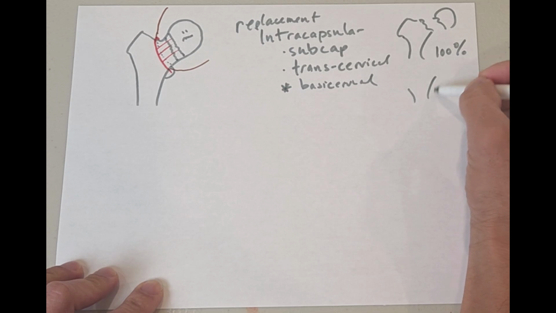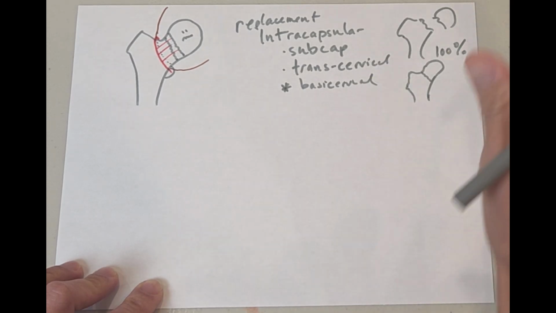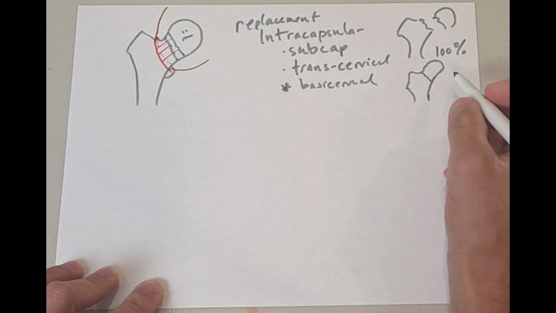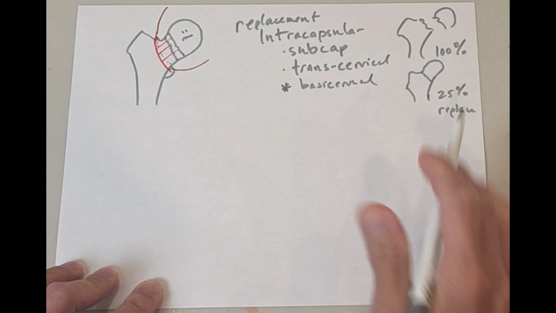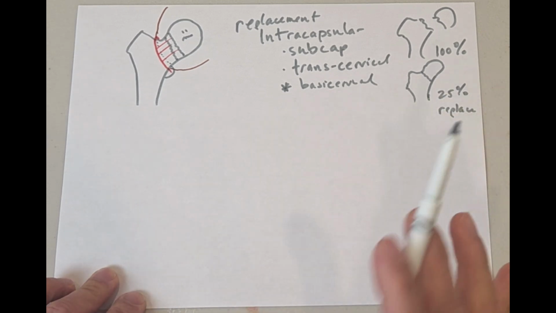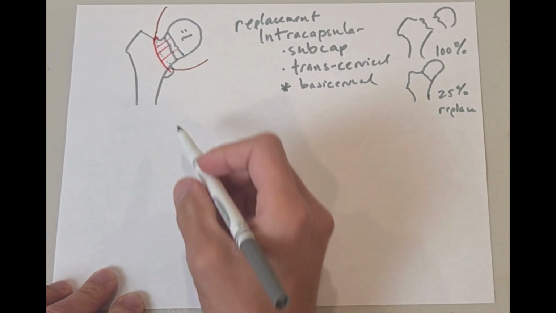In the circumstance where it's non-displaced or minimally displaced, well, some we will replace and some won't, and that's more advanced than this lecture is going to talk about. But in general, about 25% of these we will replace, and that is very surgeon dependent. So there are 2 ways to replace a hip that is broken.